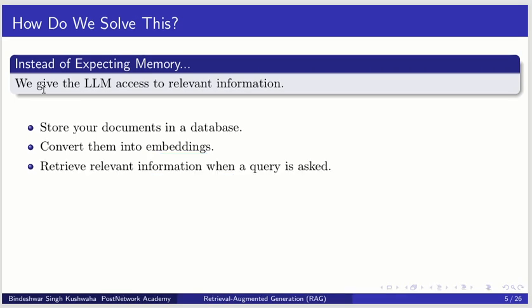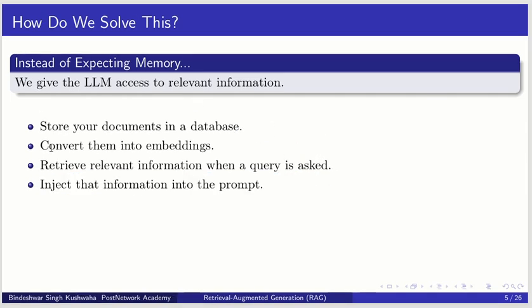Then retrieve relevant information when a query is asked by the user. Thereafter, that information is injected into the prompt. That would automatically be done by RAG, and let the LLM generate a grounded response.